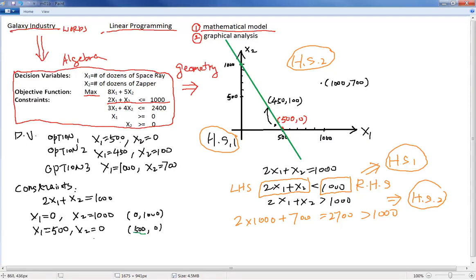Of course, we can always pick the origin because it's 0 and 0, so that will make the calculation really easy. Try it again: 2 times 0 plus 0 equals 0, which, of course, is less than 1,000. So this confirms our previous finding that half space 1 is indeed represented by this inequality.